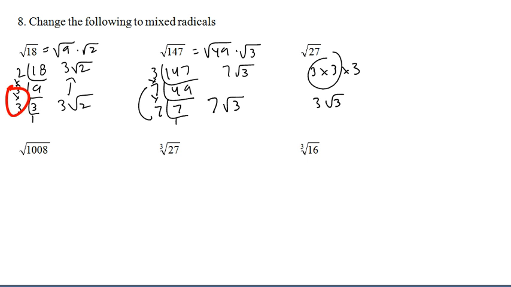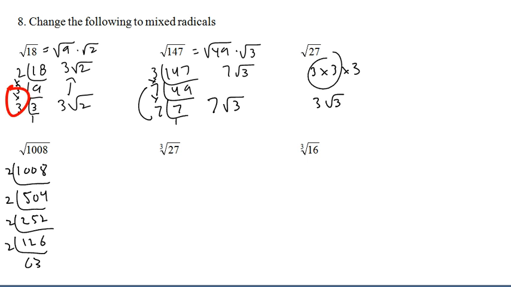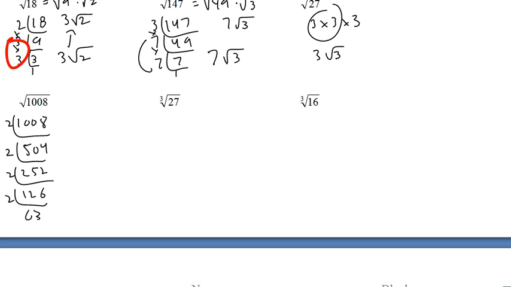1008. Alright. Let's do this guy the old-fashioned way because he's pretty ugly. So I can divide that by 2. I get 504. Divided by 2, I get 252. Divided by 2, I get 126. Divided by 2, I get 63. Can't divide by 2 anymore. I can divide by 3.